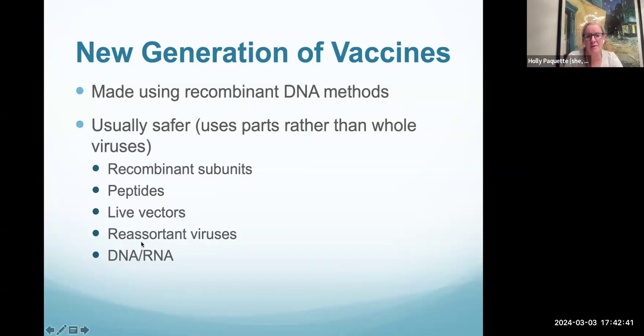And then the last one, and this is probably one that we're all familiar with now, is these DNA or RNA virus vaccines, meaning that we take a small part of the genome, perhaps for something like the spike protein, and when we use that RNA, it will get your cells to make the spike proteins, no more of the virus, not any other part of the virus, but the spike proteins, and then our immune response will come after that.